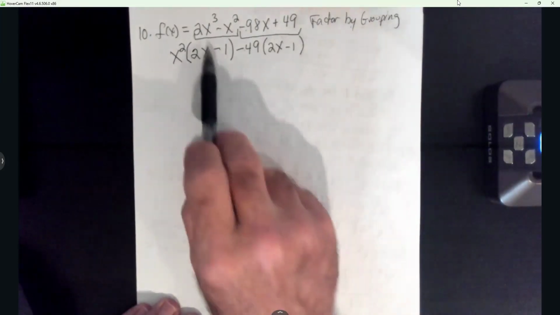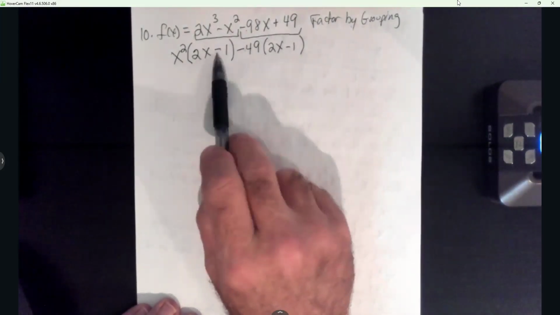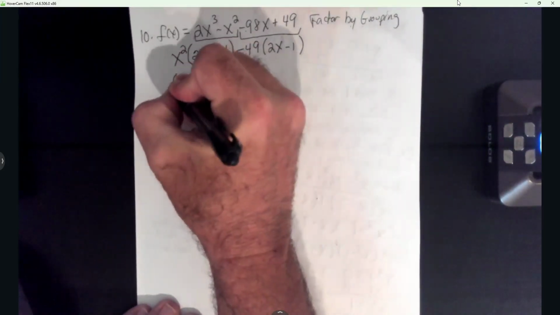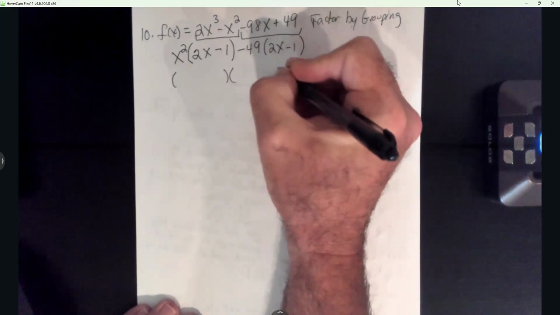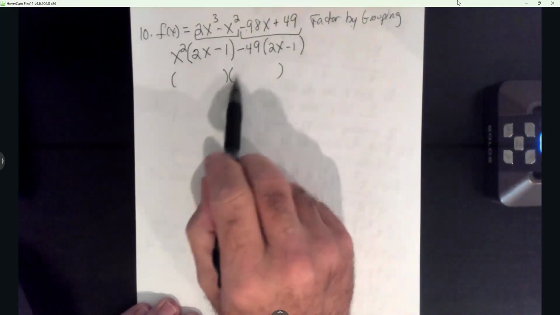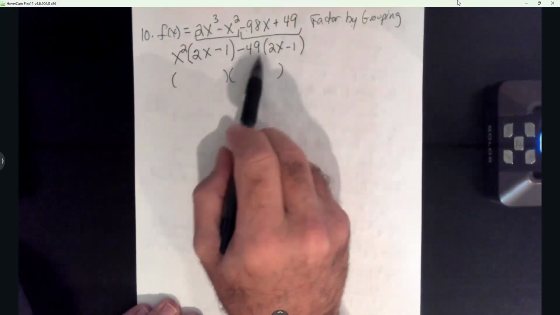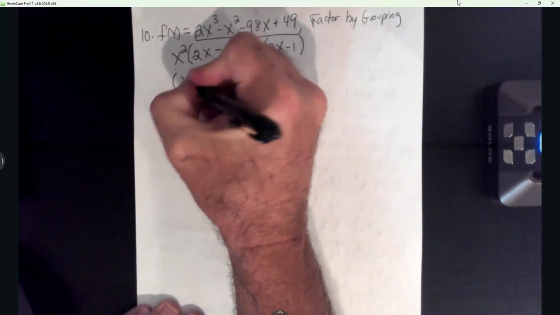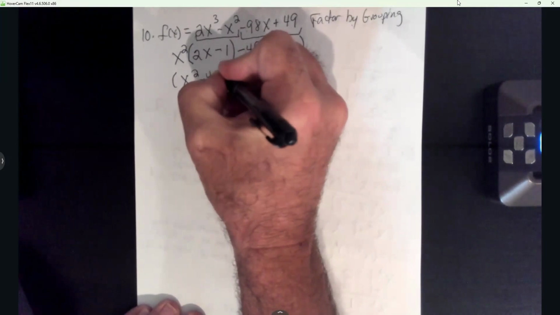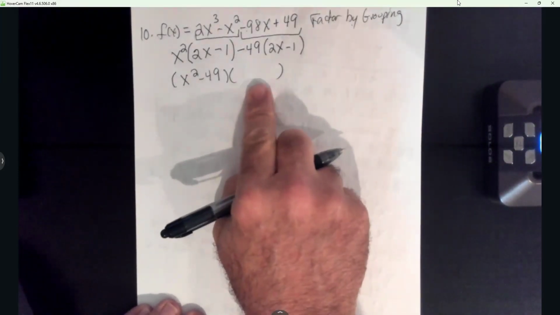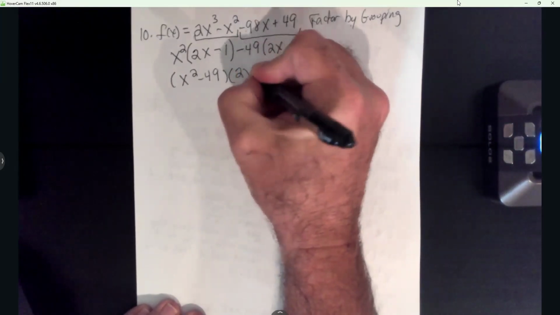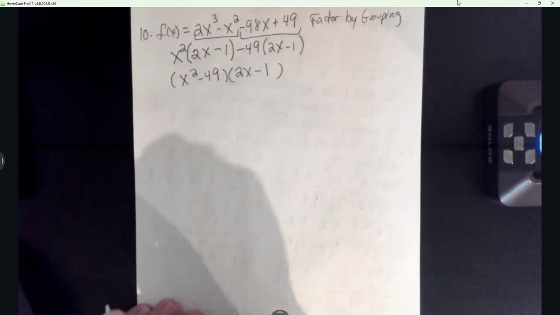And good job, Mackenzie, because these got to match up, remember? Your parentheses got to match up. All right, so now I'm at the point, the stuff on the outside is going to be the x squared minus 49. That's going to be 1 parentheses. The second parentheses will be, since these are matching up, it'll be the 2x minus 1.